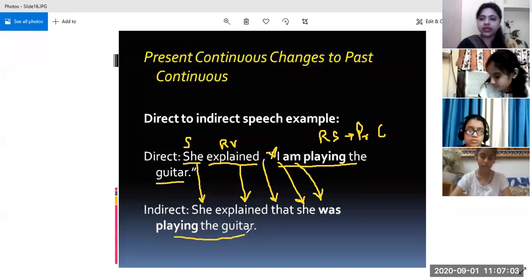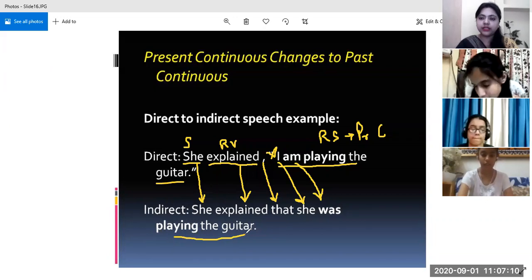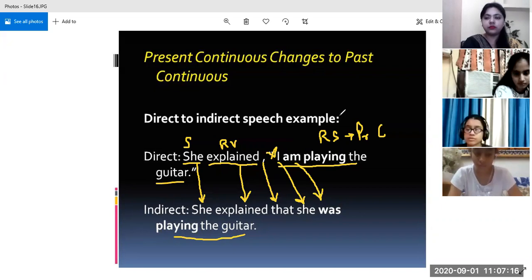Whenever a sentence is having a be verb with a verb in the ing form, then that sentence is in present continuous tense. This is how we identify a present continuous tense. We have already done that.